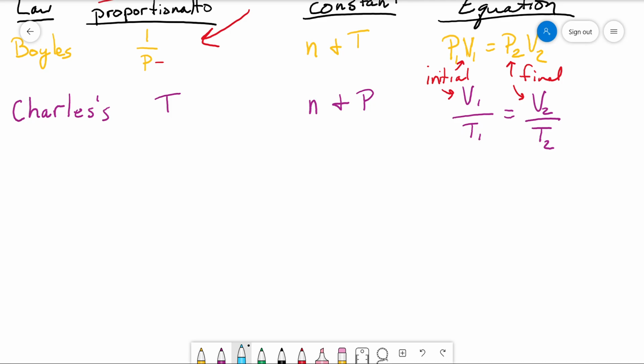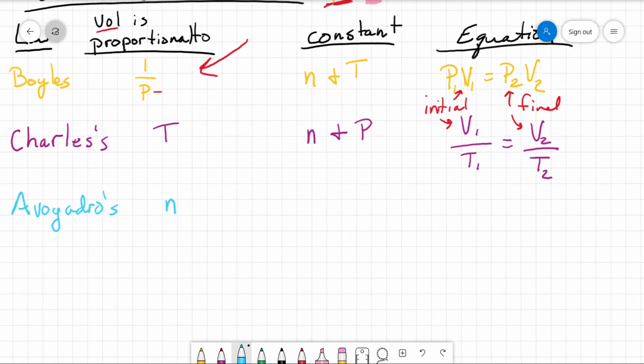All right, and then Avogadro's law. Wow, having some trouble with this one. Avogadro, there we go. You can probably guess this has to do with N, number of moles. The volume is proportional to N, the number of moles.